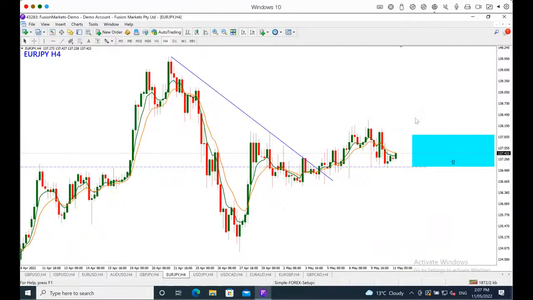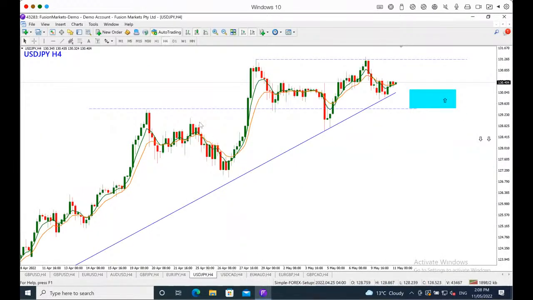So the price could go higher or could go lower. So if it does go higher, then I'm looking for some reversal around this area. Otherwise, if it comes below, then I'll look for short maybe later. But at the moment, still long on EURJPY.